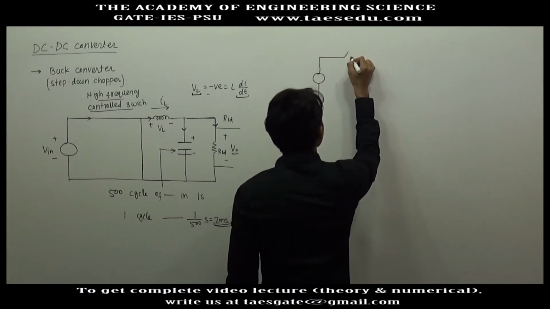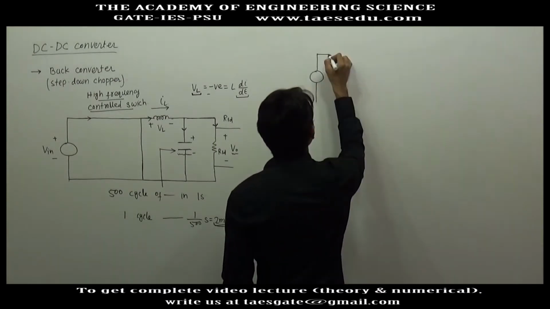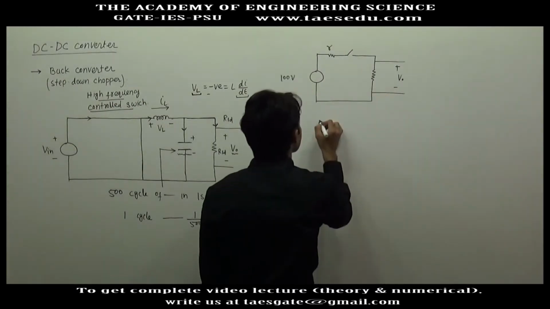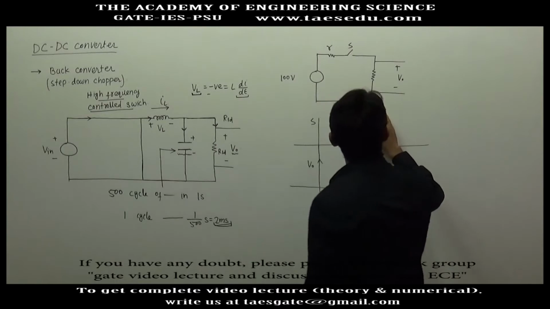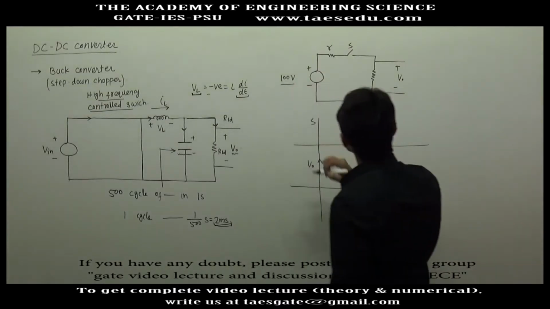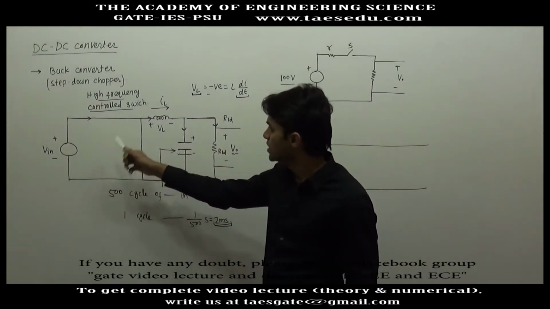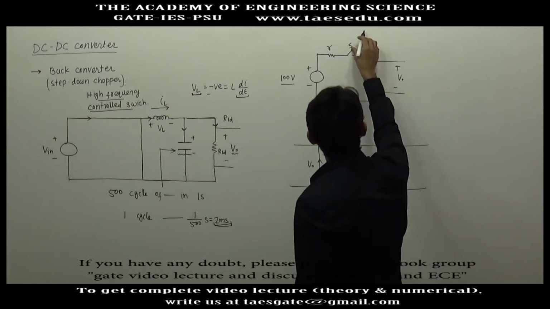Suppose you have a switch here and here you have a resistance. Suppose you have this circuit where the input voltage is 100 volt. This is a constant DC source, as we have a constant DC source as input voltage in the case of a DC-DC converter, and you have a switch here.